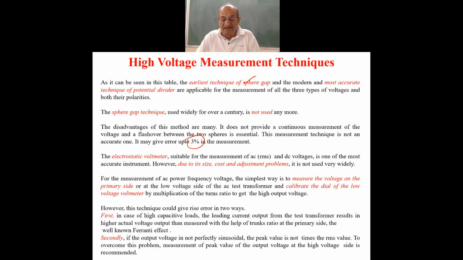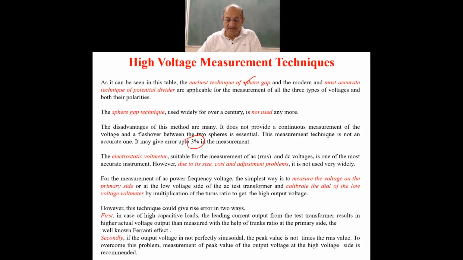Another thing, the sphere gaps won't provide a continuous measurement of the applied voltage on the test object. They will not be able to give you an idea about the continuous voltage being applied on the test object. You can know the magnitude of the voltage applied only when you produce breakdown between the two spheres.